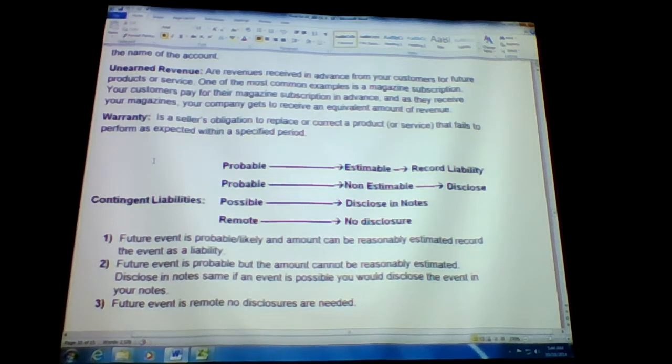Warranty, the seller's obligation to replace or correct a product or service that fails to perform as expected within a specified period. An example of a service: you go to get your car fixed at a national retailer who does car repairs, and they fail to perform the service that they say that they do, and you discover at a later date that they've not done so.